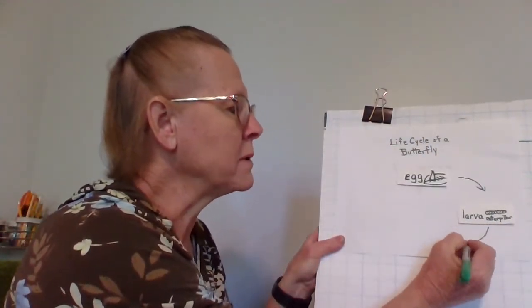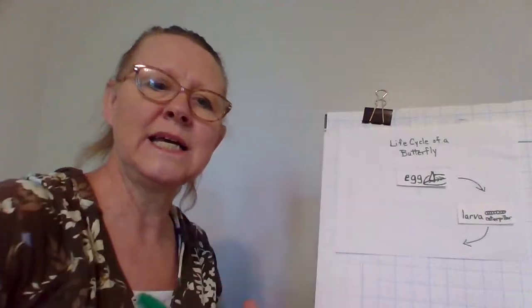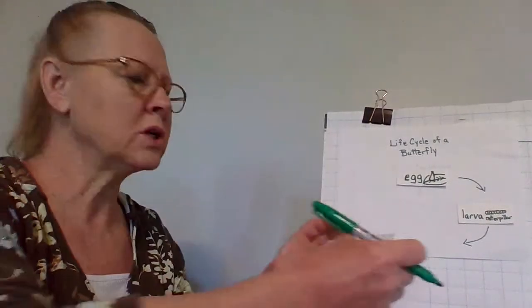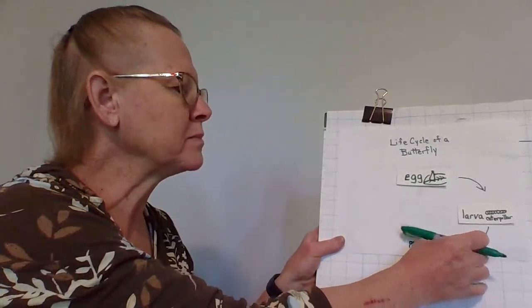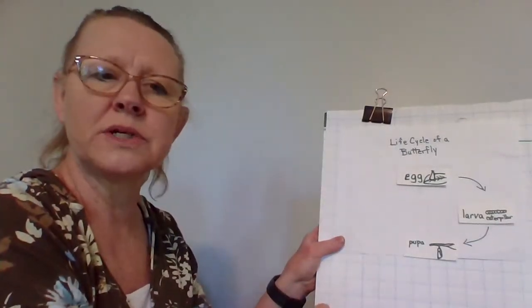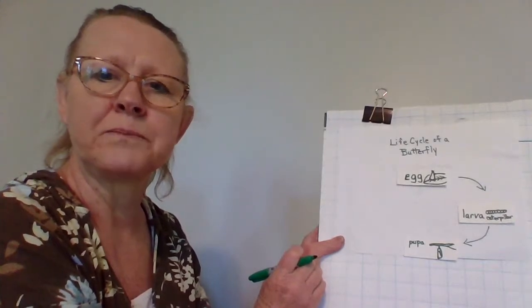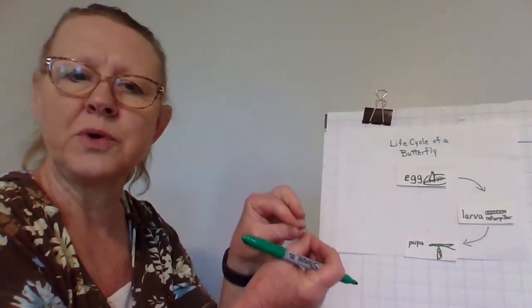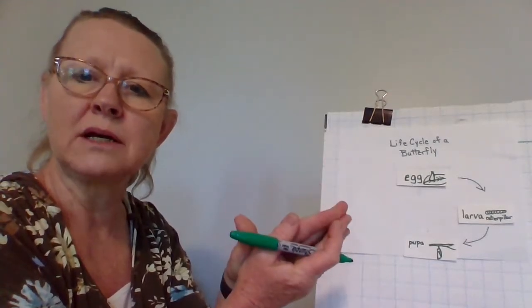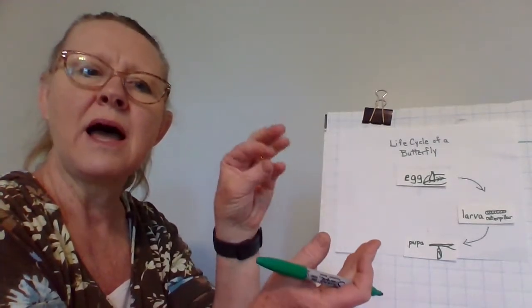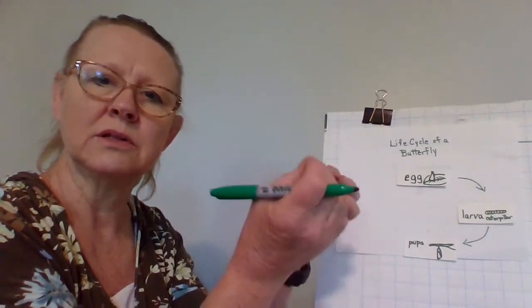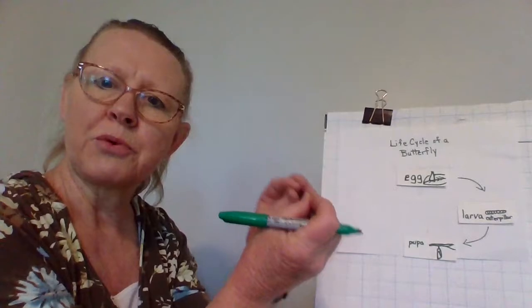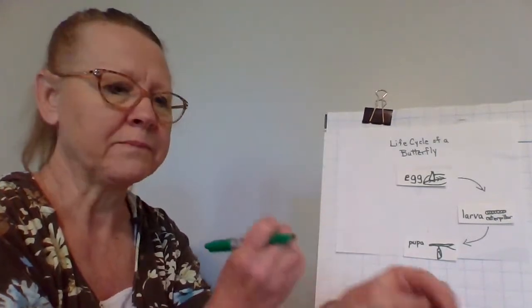And then the caterpillar grows and eats, and he then gets full after about 2 to 4 weeks, and he forms a chrysalis and becomes a pupa. And he's inside that chrysalis, growing his wings and transforming completely from a caterpillar with a long, cylindrical body into that 3-part insect body.